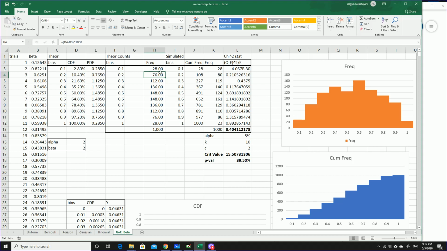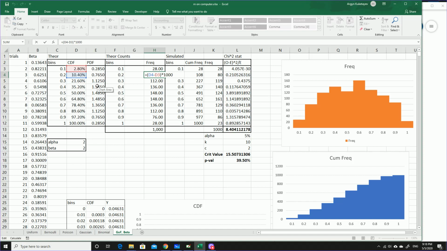Easy, right? So what I'm doing is I'm subtracting the CDF at the right edge of my second bin, and from it I'm subtracting the left edge, and now I have this difference of CDF, and that is the probability that an observation from the beta distribution will be in the second bin. Then I multiply it by 1000 because I have 1000 numbers.